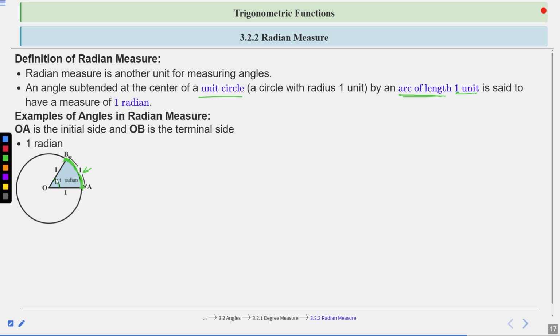Whatever angle we have here will be your what? 1 radian. So this is our definition of 1 radian in mathematics. This is how we define 1 radian.